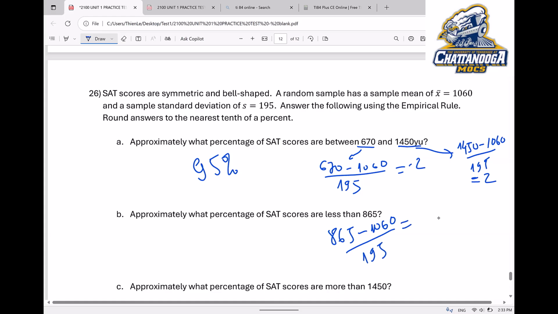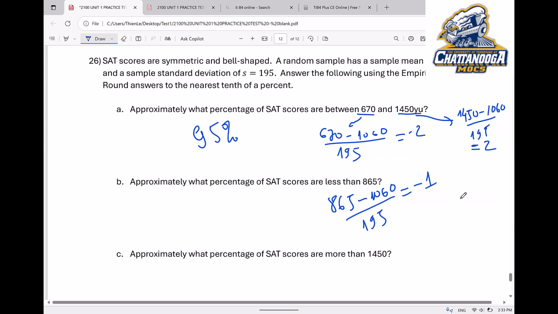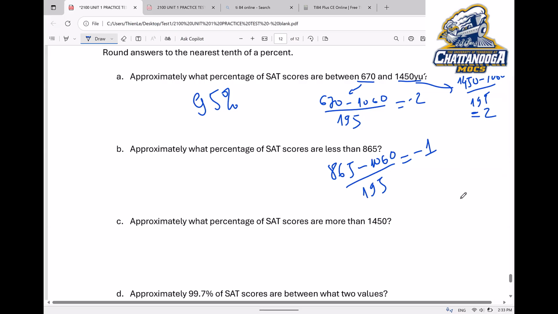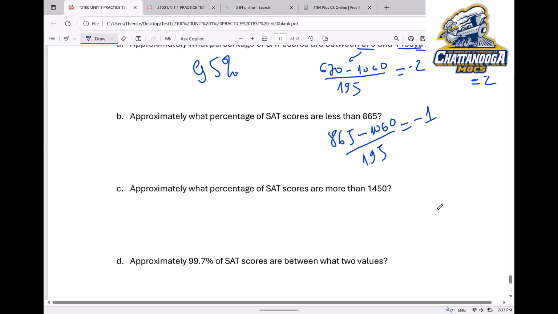It gives you one standard deviation below the mean. But the question is asking what percentage of SAT scores are less than 865, so this is a bit tricky. It requires some more work; it's not just a direct use of the empirical rule. So what you need to do is draw the picture, the figure of the empirical rule.